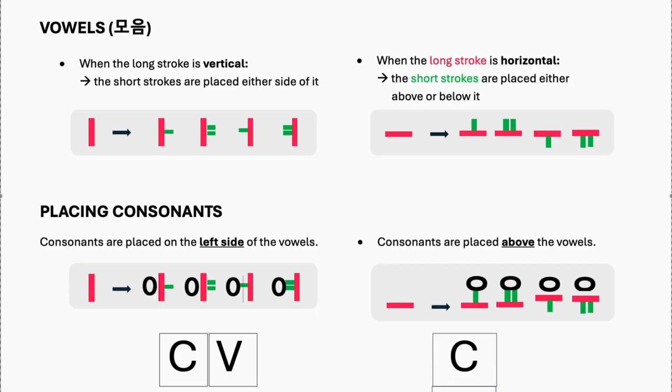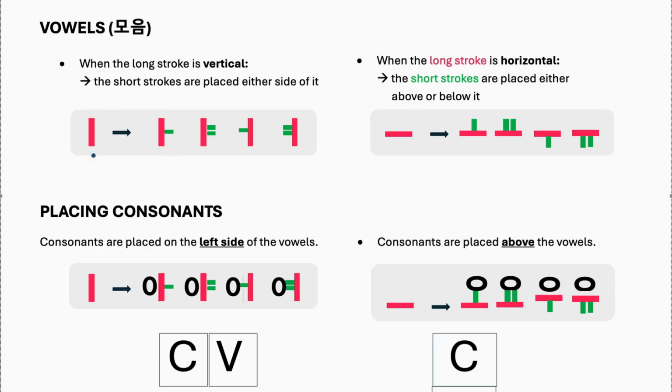Next page. I covered this on Saturday, but I will briefly review it because there are some of you who couldn't make it on Saturday. Now, if you think you know this very well, you could fast forward. All right. So in Korean, the vowels are all sticks, right? They're either a long vertical line, like that, or a long horizontal stroke, that way. And then there are short strokes.